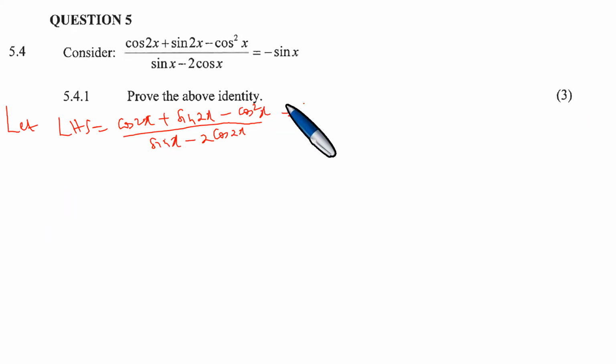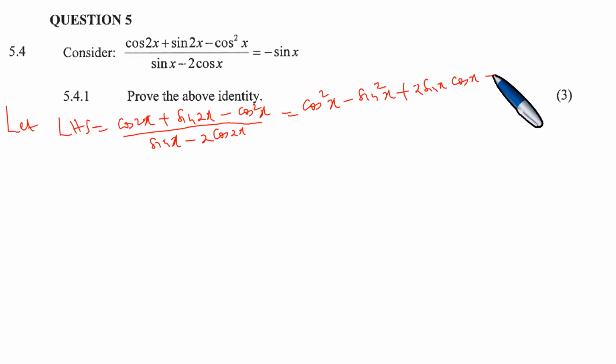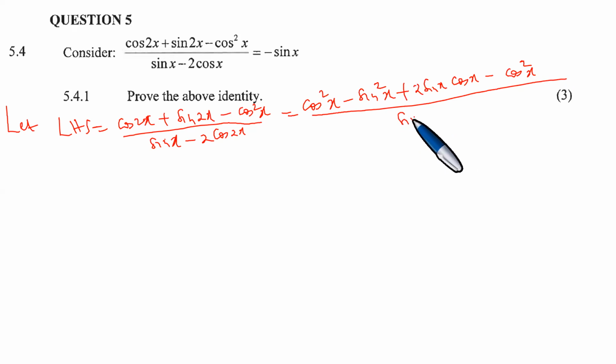So for cosine 2x, we're going to use cosine squared x minus sine squared x, plus 2 sine x cosine x, minus cosine squared x. And then the denominator is sine x minus 2 cosine x. So you remove this one here.